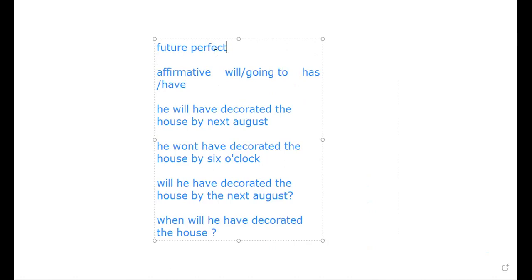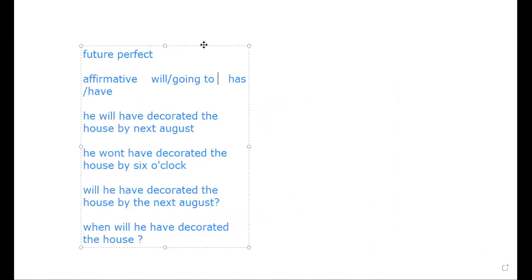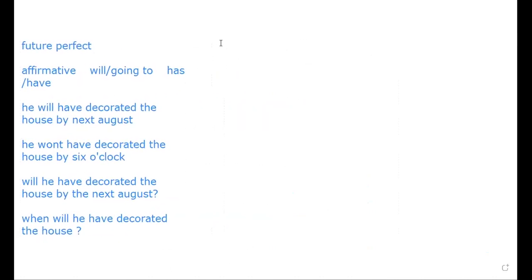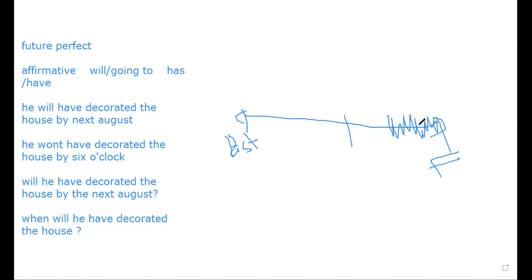So let me take this aside and just use a timeline. As you can see here, this is the past. You have to excuse the way I'm writing. This is the past, this is the present or now, and this is the future. If I'm talking about the future perfect, I'm talking about something happening in this part of the timeline.